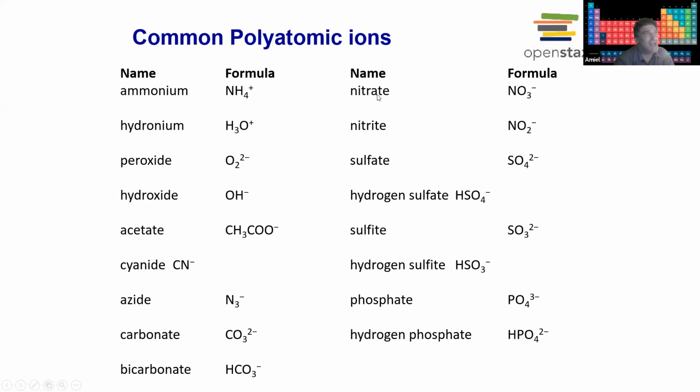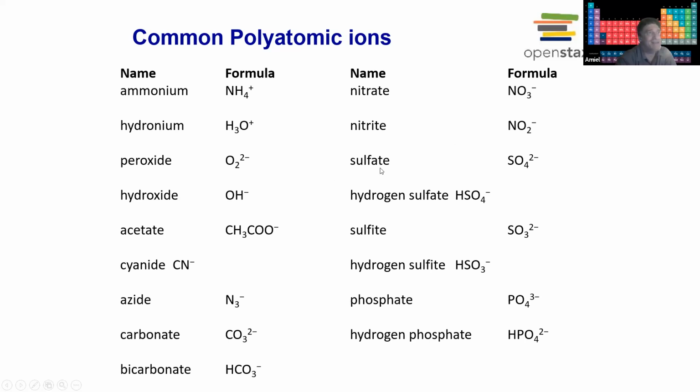Note the ending, ate versus ite. Nitrate is the one with more oxygen atoms. It has 3 oxygen atoms. The ending ite always has 1 less oxygen than ate. So to go from the ate to the ite, you just subtract an oxygen. Notice that the charge does not change. Both of these are -1.